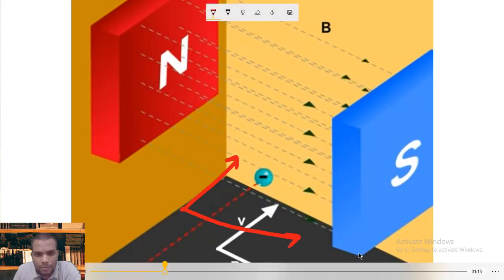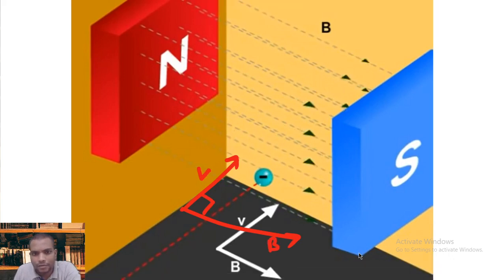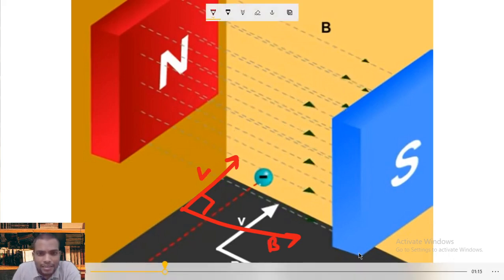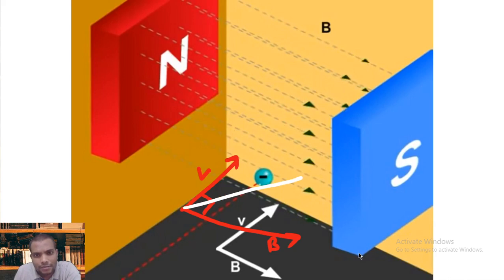So they are both perpendicular. The velocity vector has a horizontal component and a vertical component, and this velocity vector makes an angle theta here.